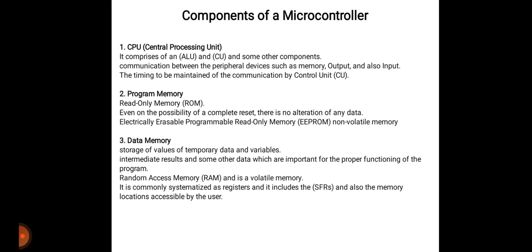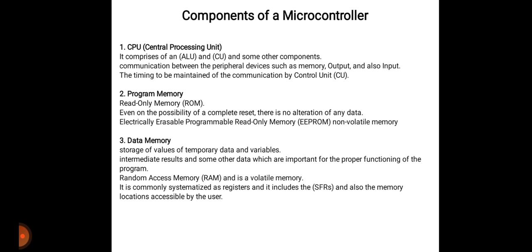The next one is data memory. It is in the microcontroller and is totally responsible for the storage of values of temporary data and variables. It also stores intermediate results and some other data which are important for the proper functioning of the program.